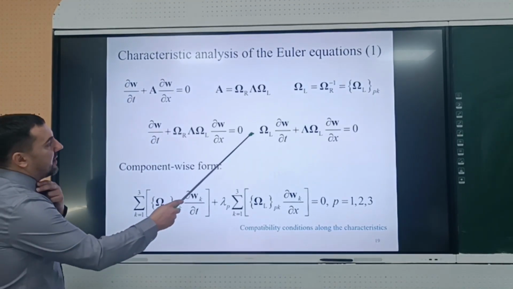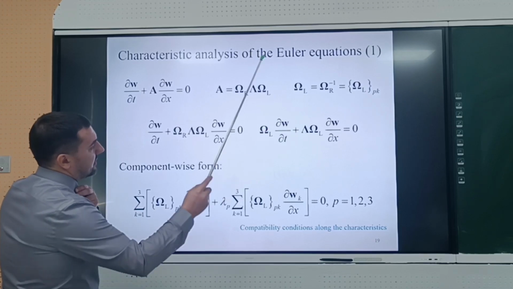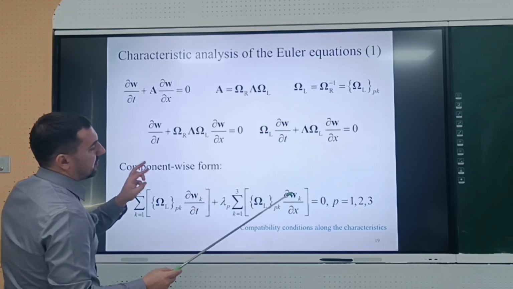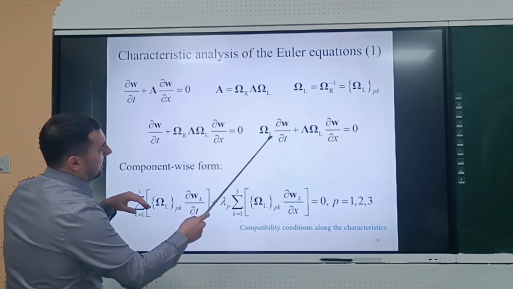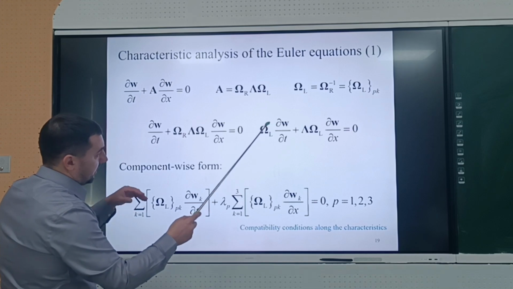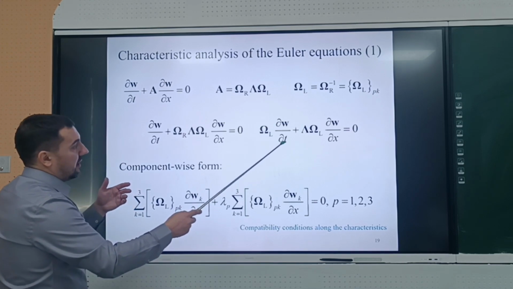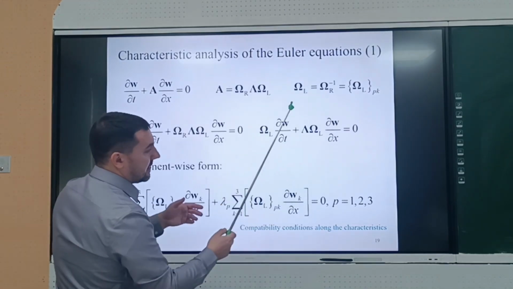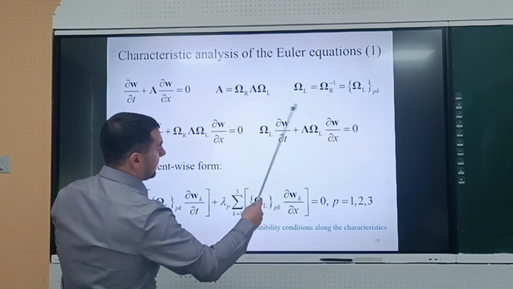So once again, what is omega l? It's a 3 by 3 matrix. And W is a column vector with 3 components. So this is a product of a matrix and a vector, and as a result, there will be a vector. Let's compute the three components of this resultant vector.